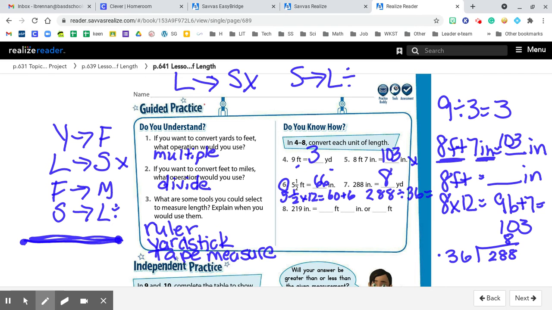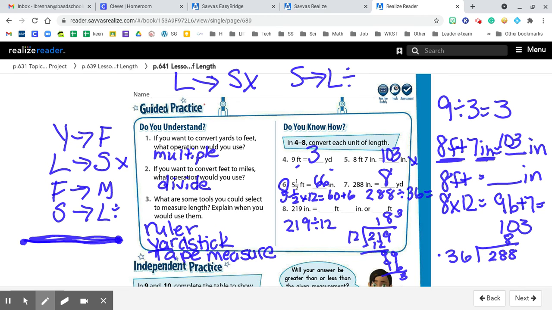And 219 inches equals how many feet? So we're going from inches to feet. So we're going to be dividing 219 divided by 12. So you can do that off to the side. And let's see, 96.